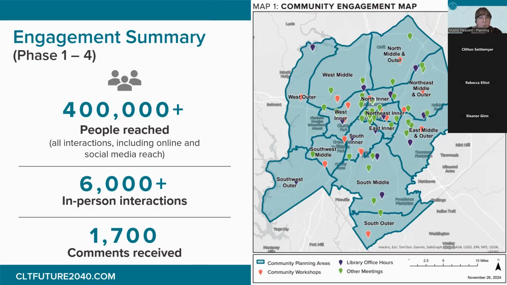Through phases one through four, we received over 1,700 comments that helped shape these draft plans. All of this engagement builds upon the feedback received through the over 500,000 interactions during the comprehensive plan development, and the 6,000 plus interactions from the policy map development.